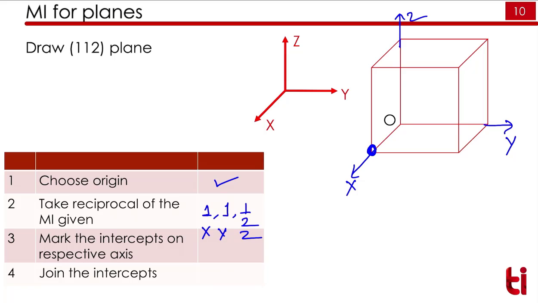X equal to 1 is this, y equal to 1 is this, z equal to half is this. Here you have to find out intercepts only from the origin. Then you have to join these intercepts, and this is your plane now.